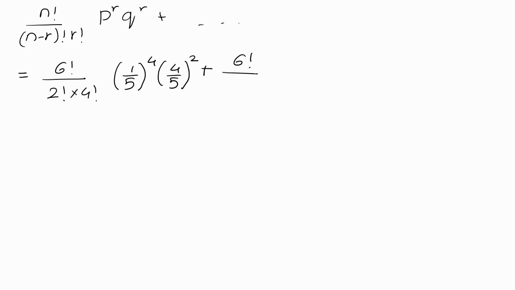Then 6 factorial upon 6 minus 5, that is 1 factorial, into 5 factorial, 1 by 5 raised to 5, 4 by 5 raised to 1, plus 6 factorial upon 6 minus 6.